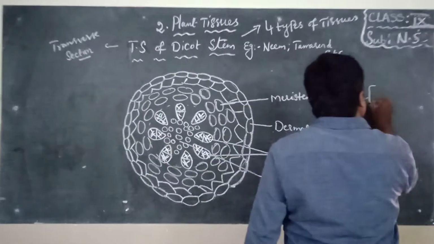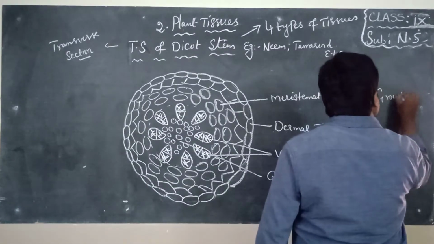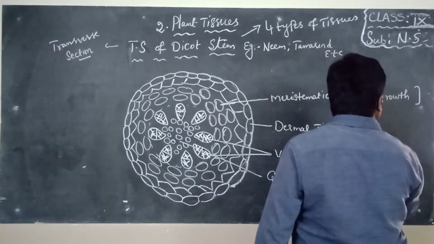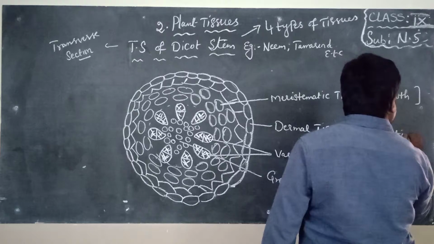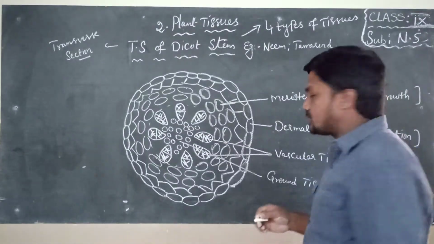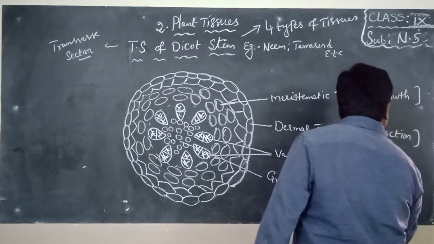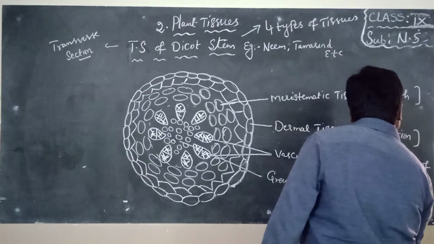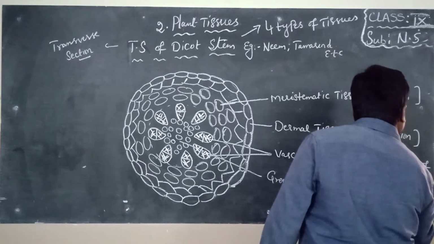Meristematic tissue is helpful to increase the growth of the plant, whether lengthwise or breadthwise. Dermal tissue gives protection to the plant from external environmental conditions and entry of parasites. Vascular tissue is helpful for transport of water and food.